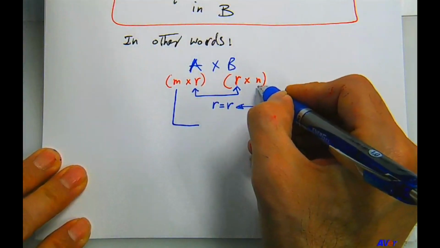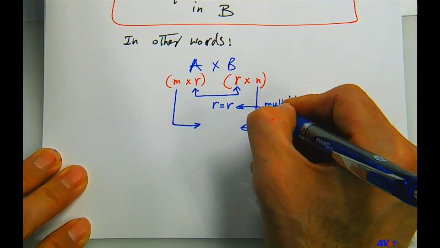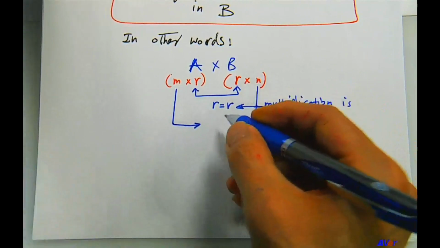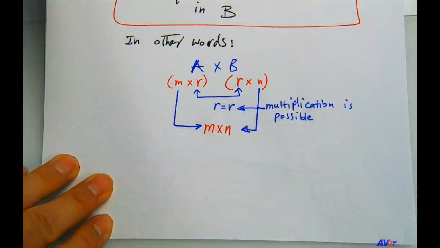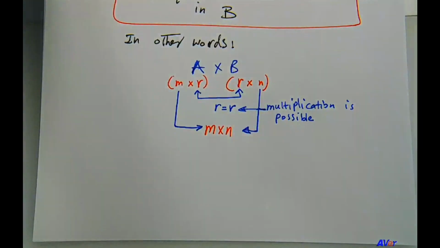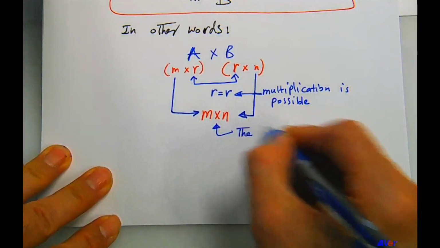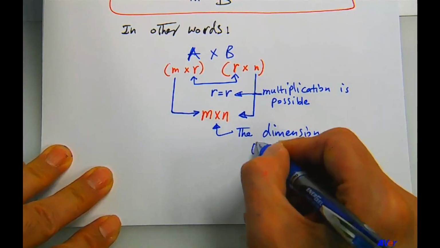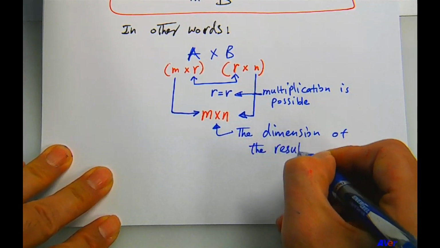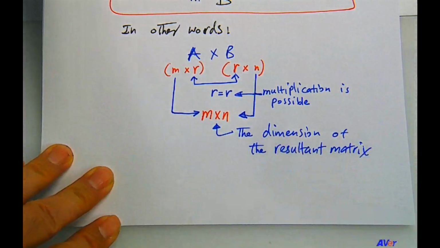So that one and that one will give us m times n. That's going to be the dimension of the resultant matrix.